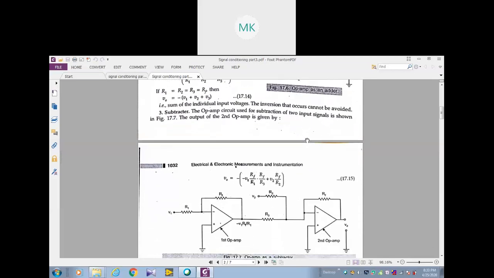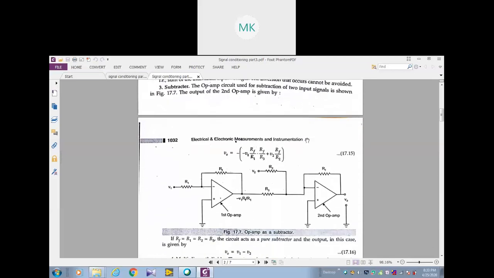Next, the subtractor. Here we are subtracting the two input signals. One signal V1 is applied to the first op amp, so we get an output of minus V1 times RF by R1 as the gain. In the subtractor, one input is V2 and the other input is this minus V1 RF by R1. At the output we get VO equal to minus, because it is the inverting subtractor.